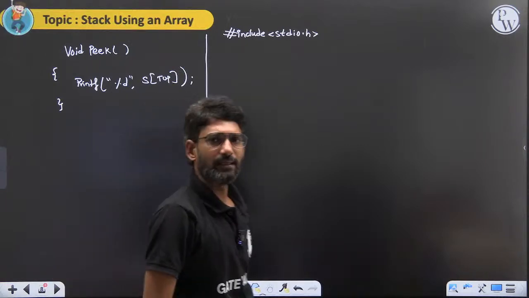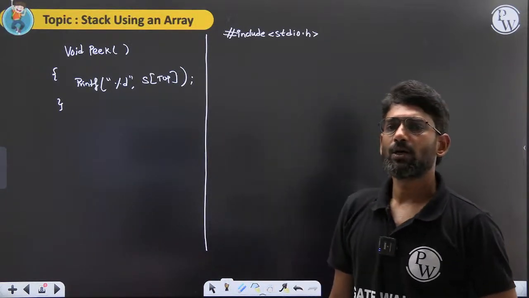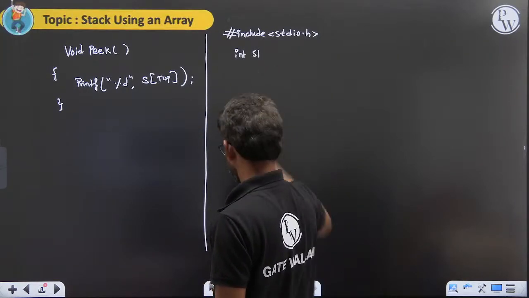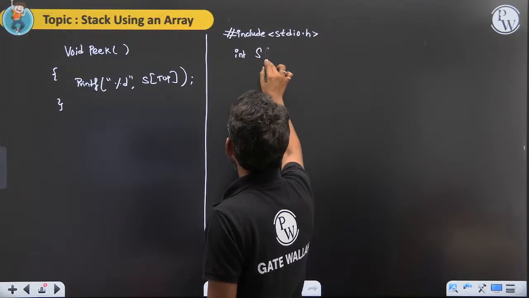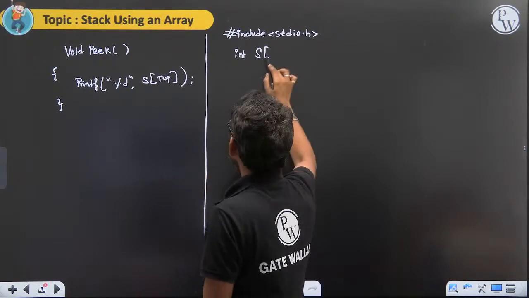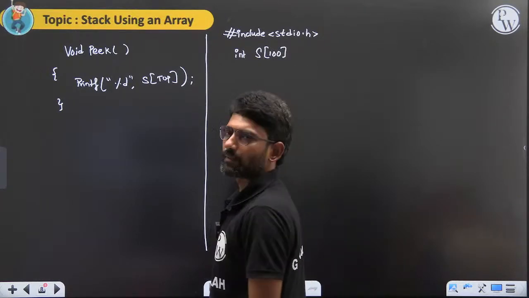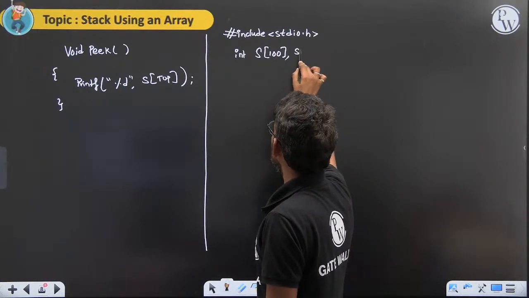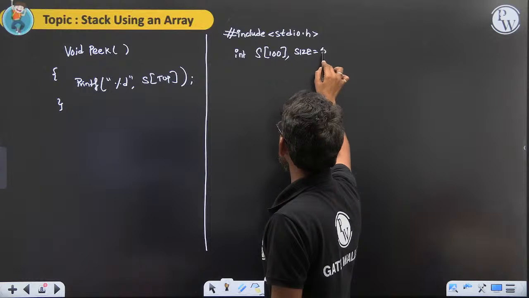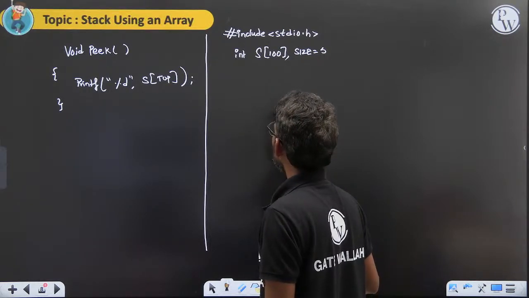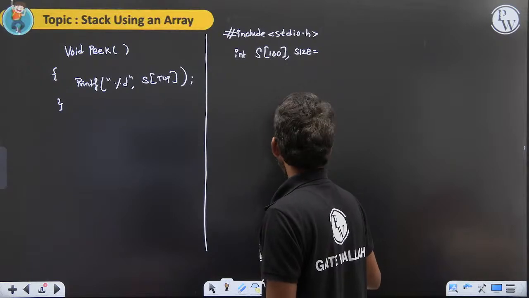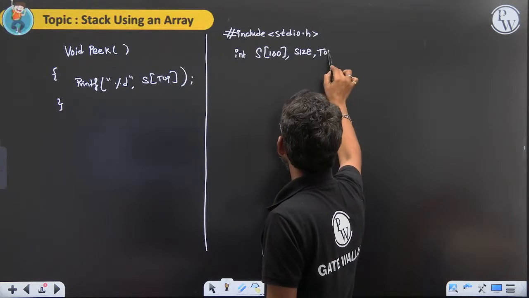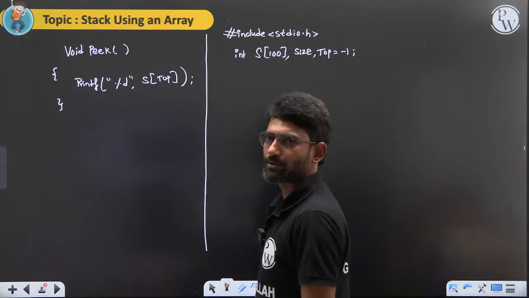Now I am taking this stack and top as global variables. int S of, as array I cannot declare without size, so I am giving some size as 100, let's say size, and then top. Top I am defining as -1.